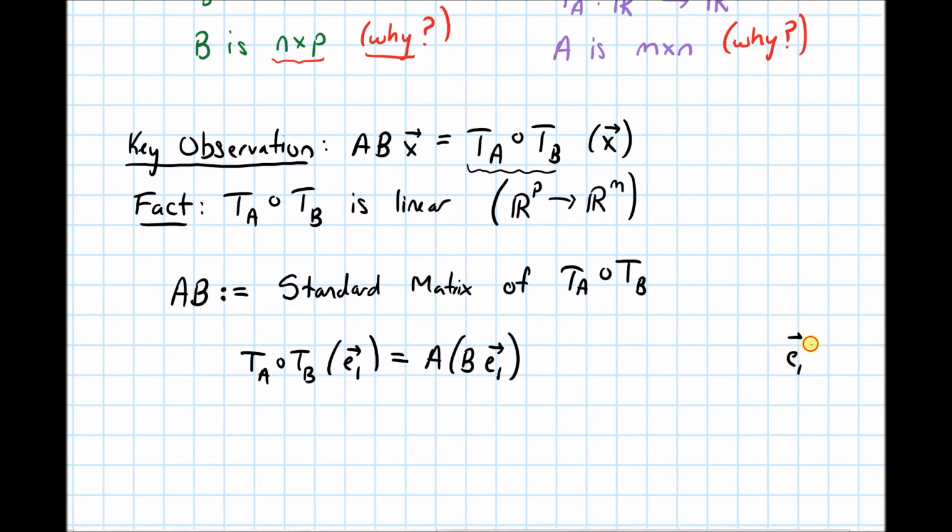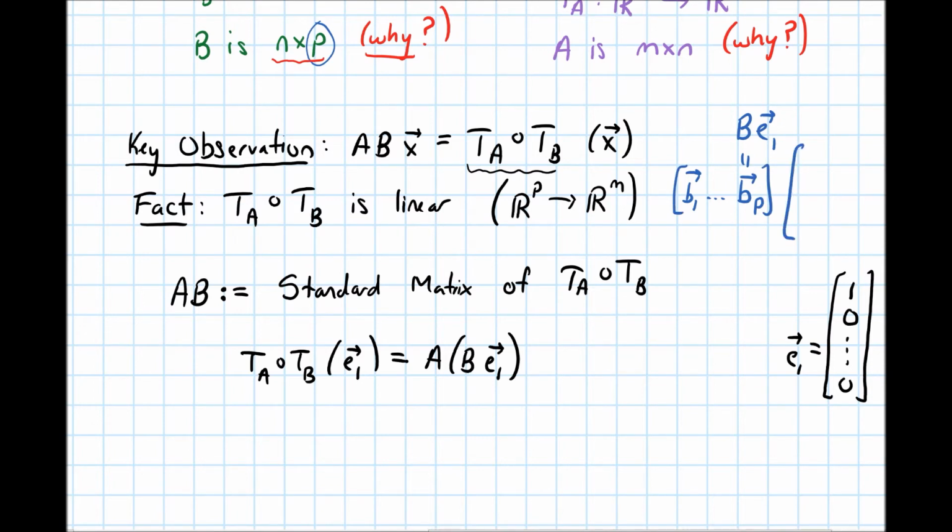So let's first remember that E sub 1 is the first column of that identity matrix. It's 1 followed by a bunch of zeros underneath it. That's what E sub 1 is. So when we multiply B times E sub 1, if I think about B in terms of its columns, as B1, B2, and so on, up until B sub, what's the last column of B? Well, I know from up here that B has P columns, so I go until B sub P.